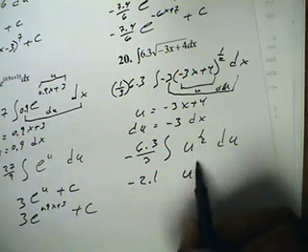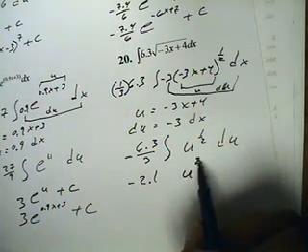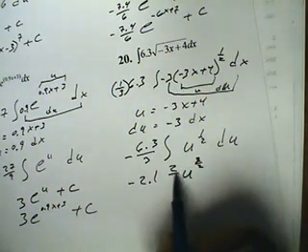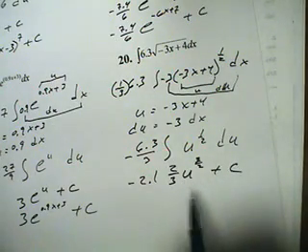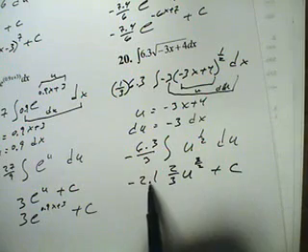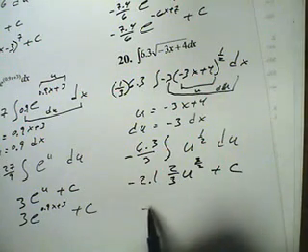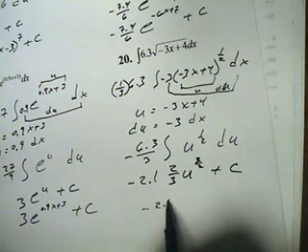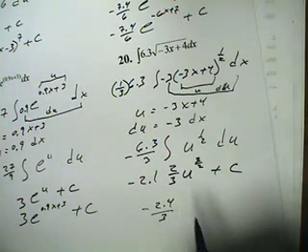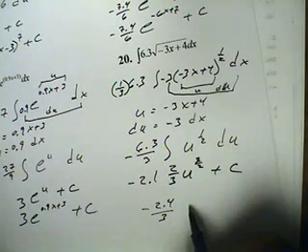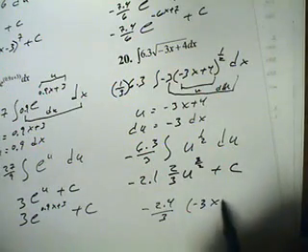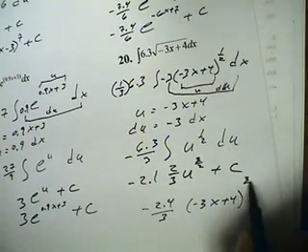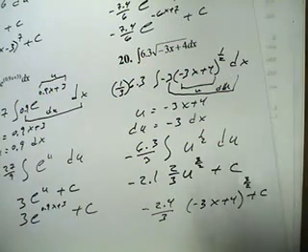I add 1 here, I'll get 3/2, and the reciprocal of 3/2 is 2/3, and then plus c. Alright, the negative 2.1 times 2 is negative 2.4 all over 3, and this will be, instead of u, negative 3x plus 4 raised to the 3/2 power plus c.